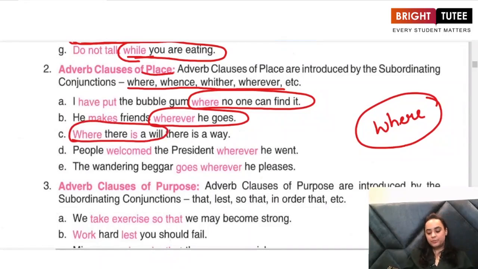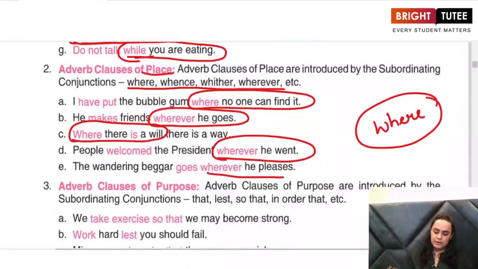People welcomed the president wherever he went. Where did the people welcome the president? Wherever he went, he was welcomed. The wandering beggar goes wherever he pleases. Where does the wandering beggar go? Wherever he pleases, wherever he wants to.